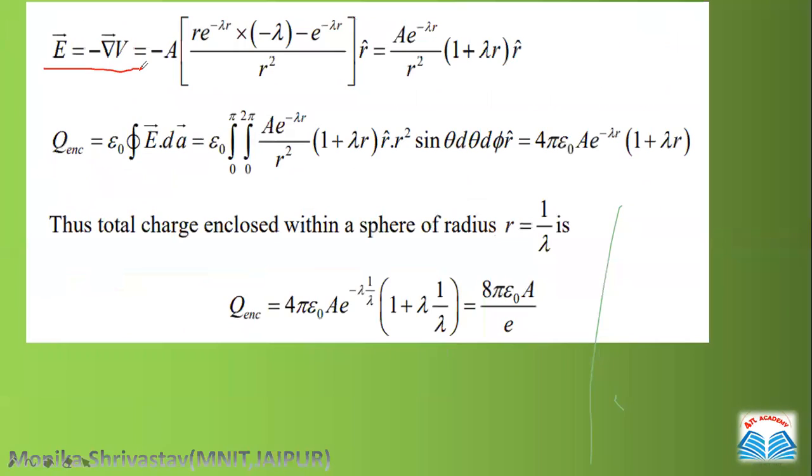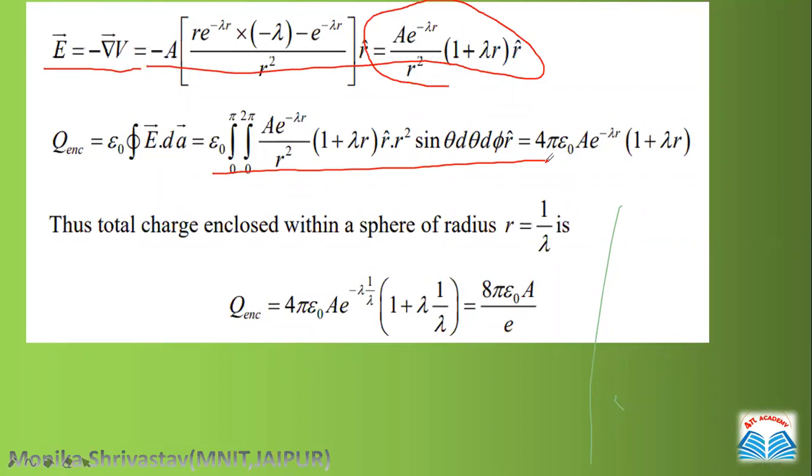You know that Gauss law is Q over epsilon naught equals closed integral E dot dA. So Q will be equal to epsilon naught closed integral E dot dA. So just put the value of E and solve. This dA will be in the spherical polar coordinates, which is r square sine theta d theta d phi.